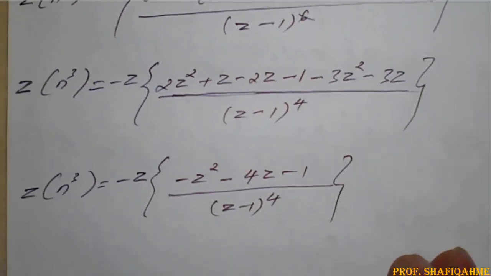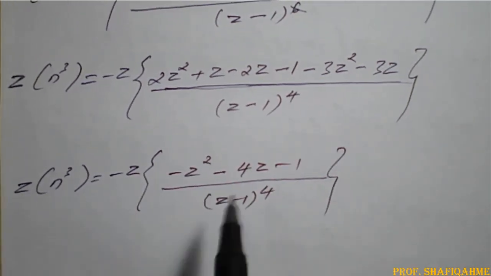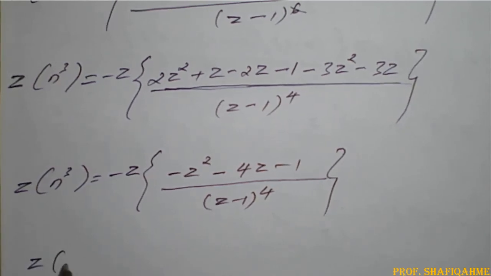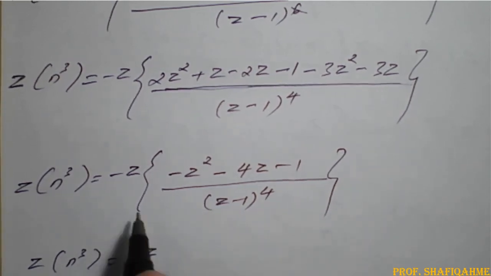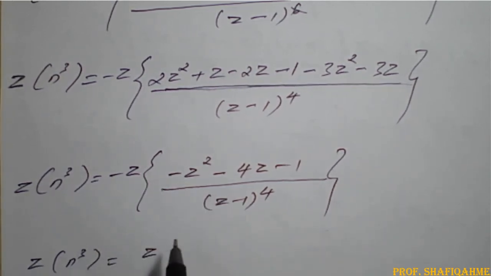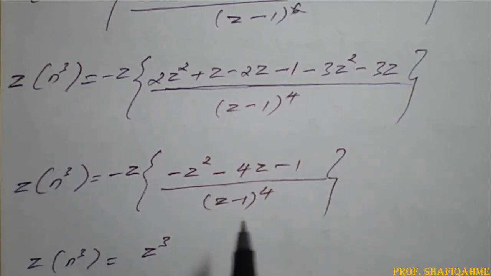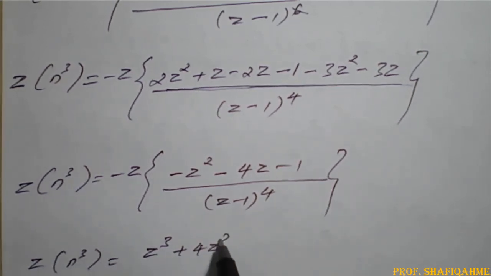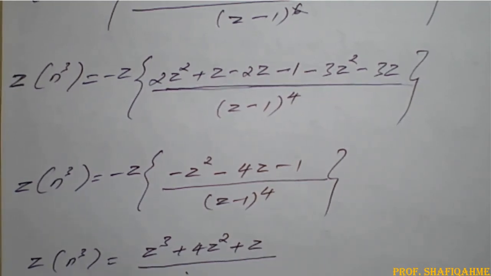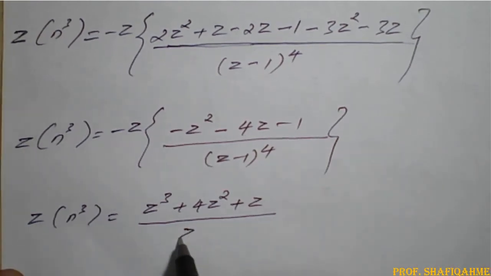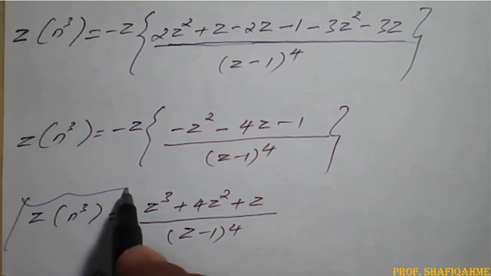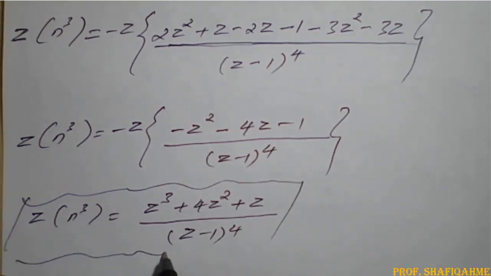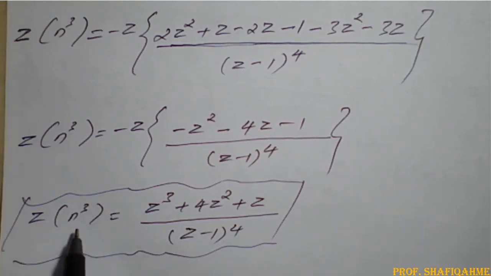So push this minus z inside, so z of n cube is equal to, you push this z inside, it will become minus into minus plus, so it will be z cube plus 4z square plus z whole divided by z minus 1 raised to 4, which is nothing but the required standard function of z transform of n cube.